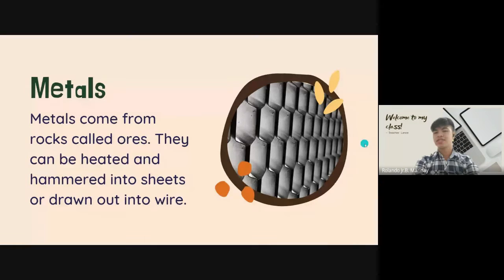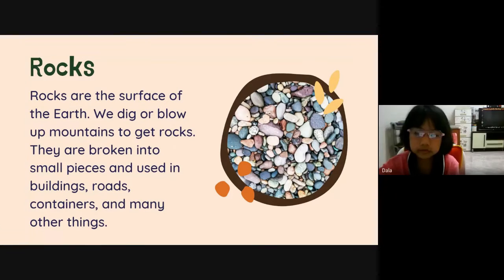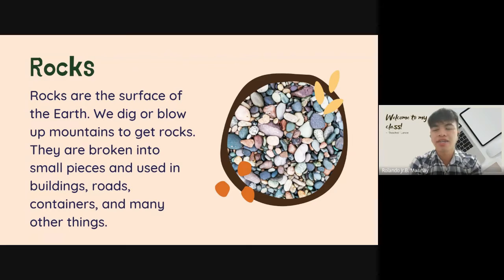Okay, let's go. The next example of materials are the rocks. Can you say it? Rocks. Good job. The rocks are the surface of the earth. We dig or blow up mountains to get rocks.